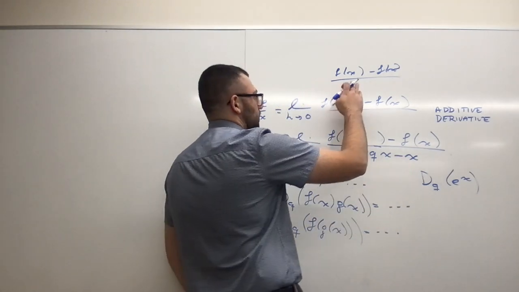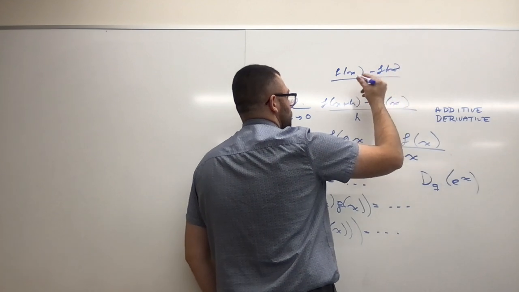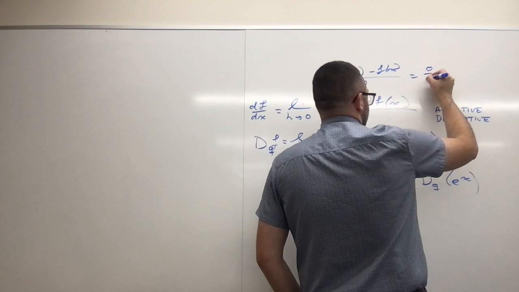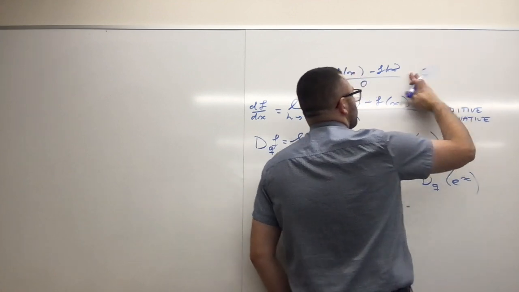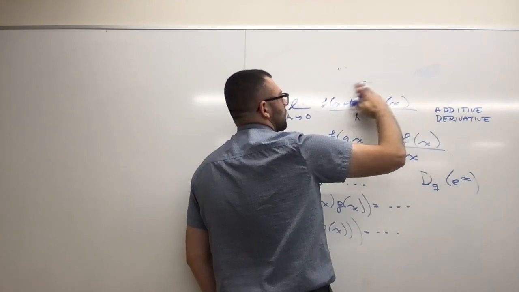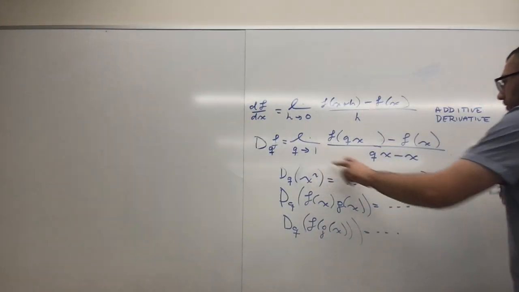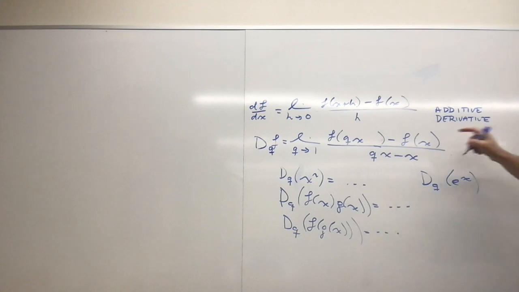Yeah, so with the normal derivative, you have f of x plus h minus f of x over h as h approaches 0, so it ends up just being 0 over 0 if you were to just plug it in. The same kind of idea happens with the quantum limit, right? As q approaches 1, you get f of qx, just qx, minus f of x over qx minus x, so x minus x is 0 over 0.